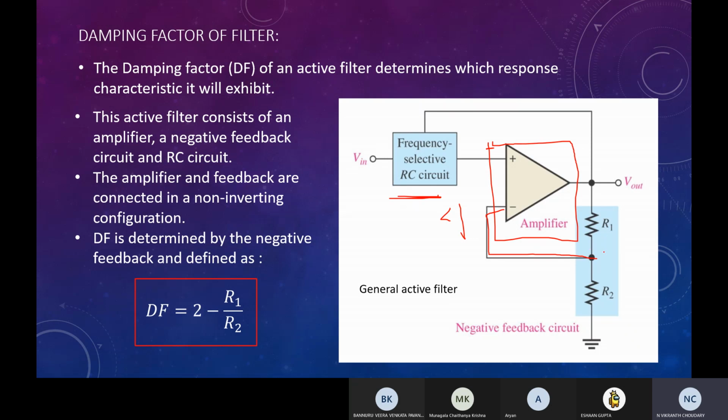So this ratio, 2 minus R1 upon R2, will give us the damping factor. And 1 by damping factor would give us Q, the quality factor. The less the damping factor, the better the quality factor, and the better the filter performance.